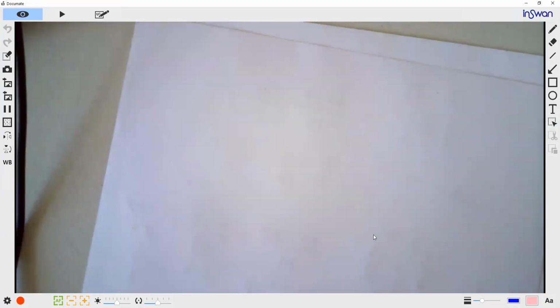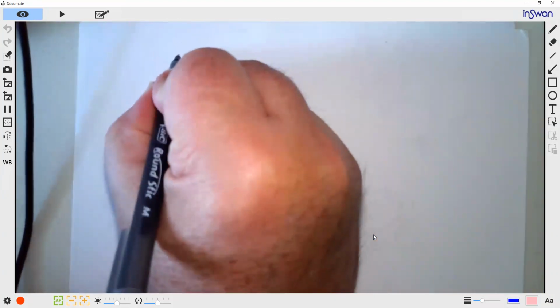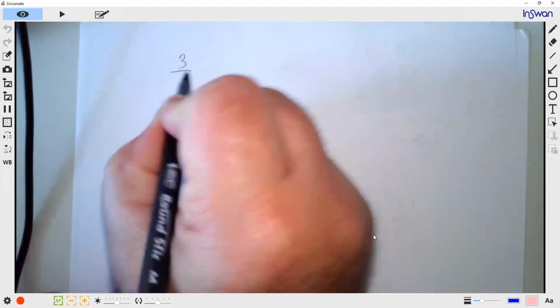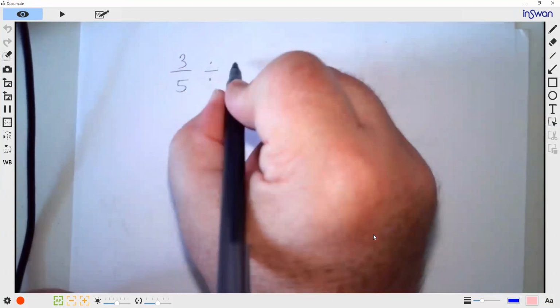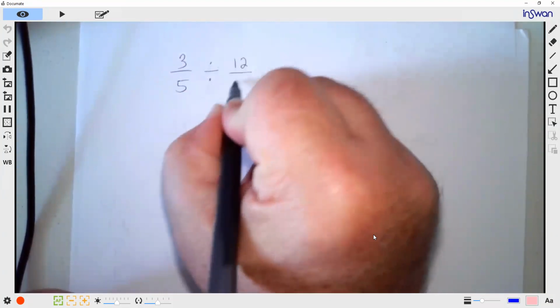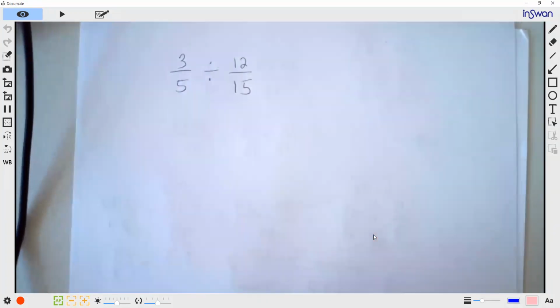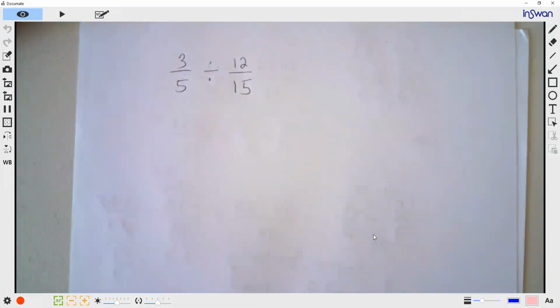Okay, so you're getting better with fractions. How about this? So what do you think you have to do here? 3 over 5 divided by 12 over 15.